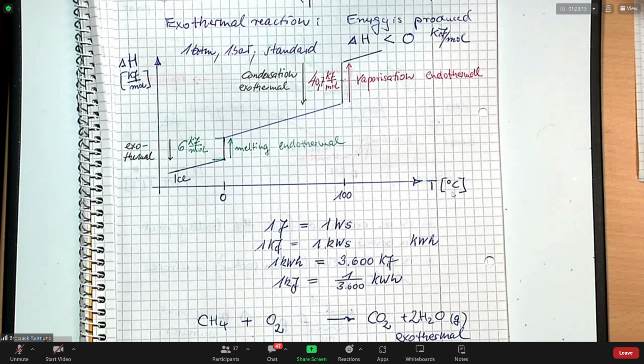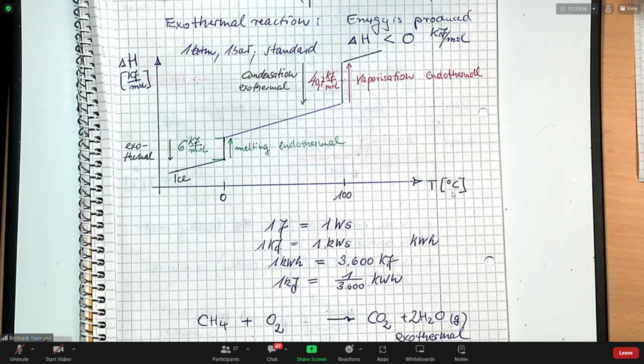We need another chimney. That is the upper heat value. The lower heat value is where we do not care about the steam. The upper heat value is where we additionally use the steam, the condensation energy of this process.